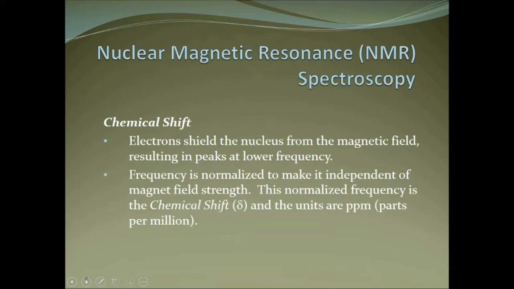We report a modified frequency, which we call chemical shift. That way, it does not matter what the magnetic field strength was of the instrument we're using. The chemical shift will be the same for the same molecule, regardless of the magnet. That modified frequency, again, is called chemical shift, and the units are ppm, which is parts per million.